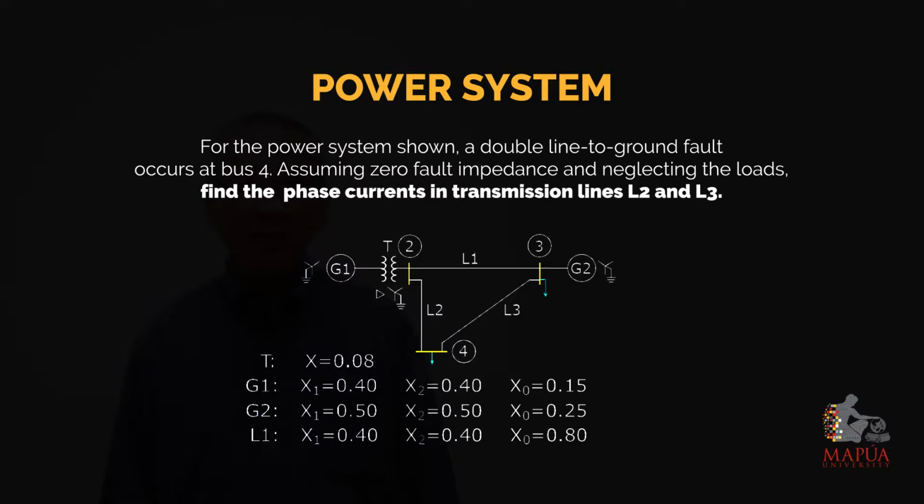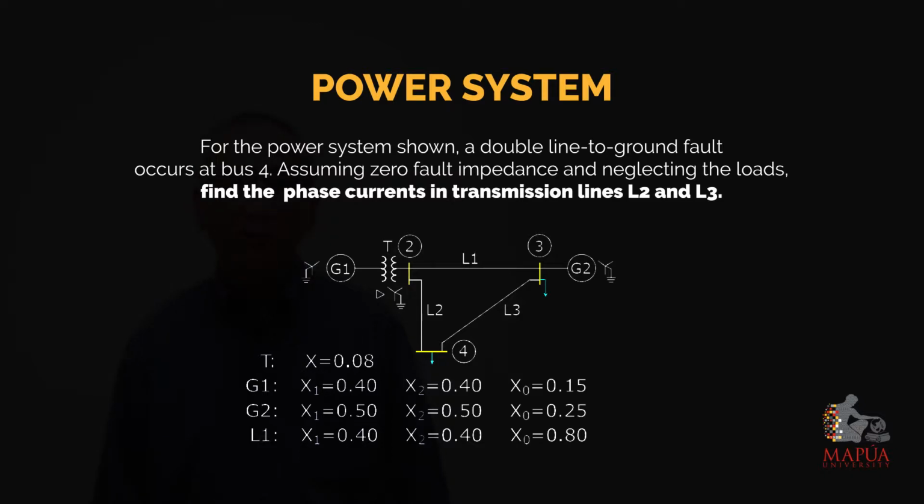So we are given here the different parameters of the different components. Transformer T1 has X equal to 0.08. For generator G1, the reactances are X1 for positive sequence 0.4, X2 negative sequence 0.4, and X0 zero sequence reactance 0.15.